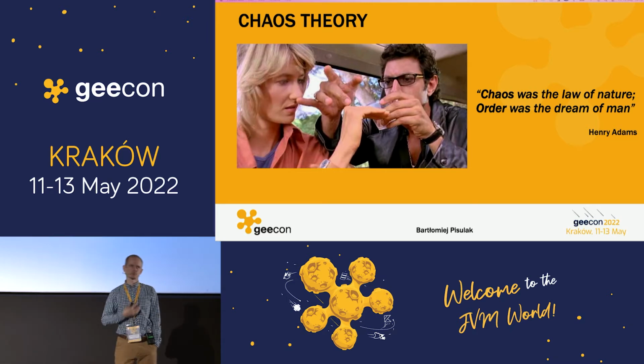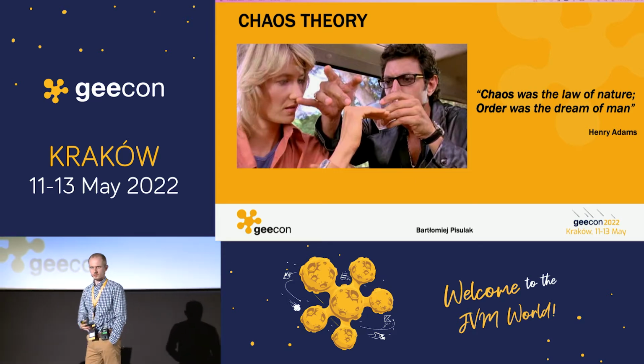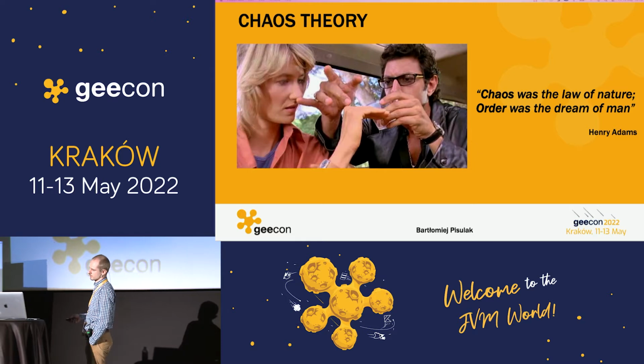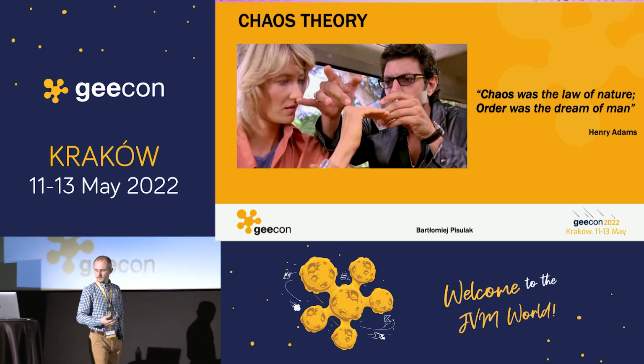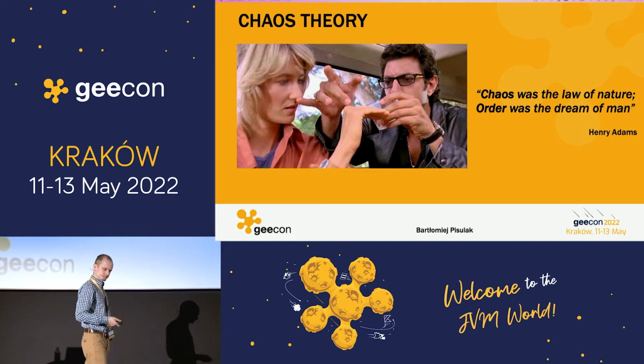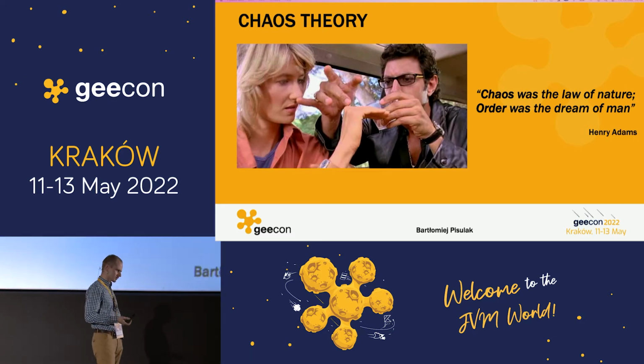Even if we think that we can predict something, like with the weather, I guess this is a great example. We think we can predict weather, and we are doing some models, we are trying to guess the weather, but in fact, we are not 100% precise with that. And you can see also a nice quote, which describes chaos in terms of nature.